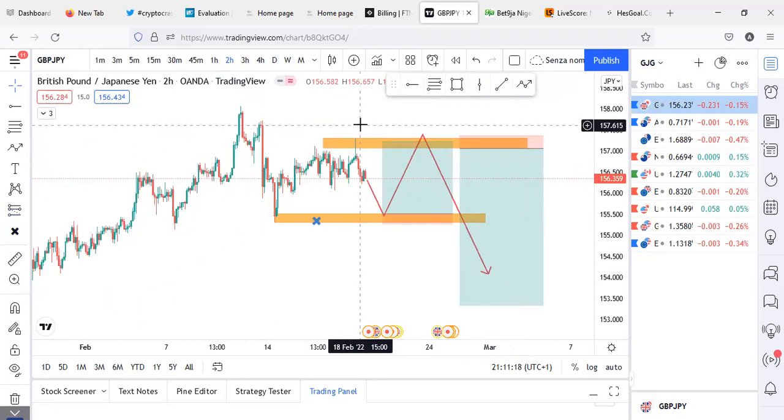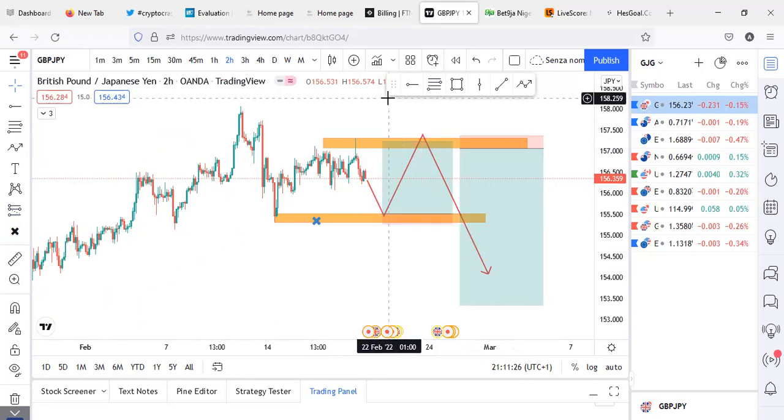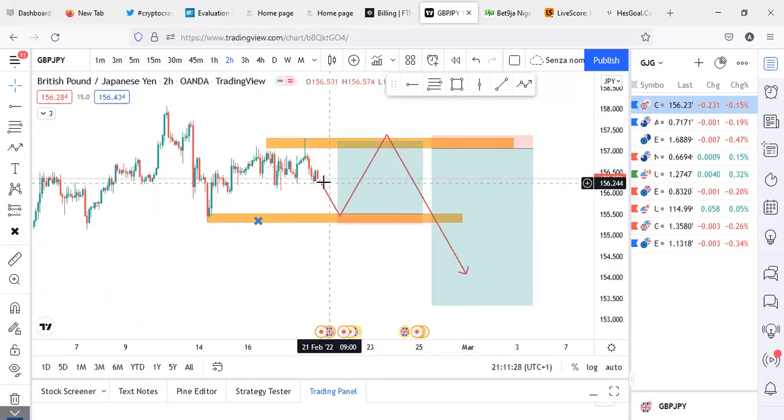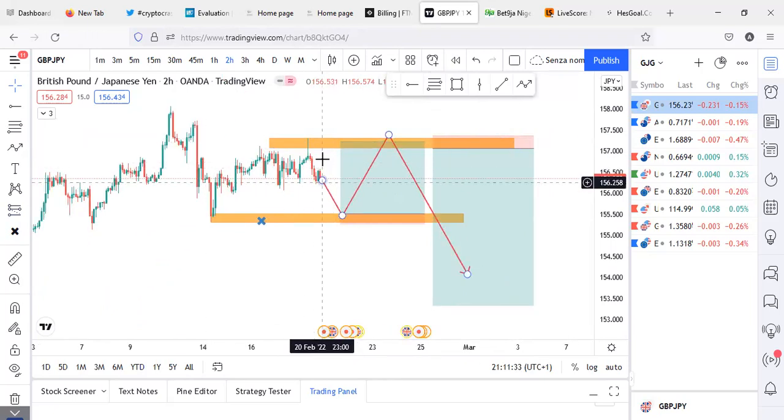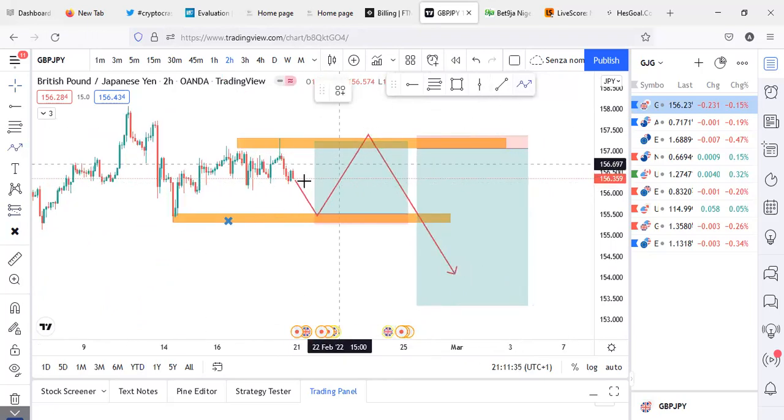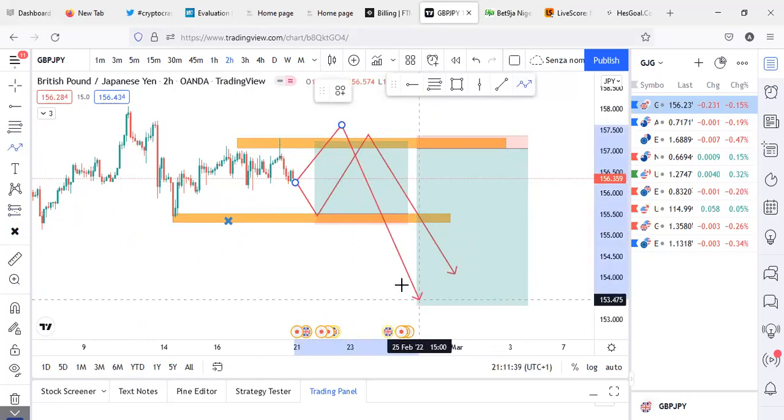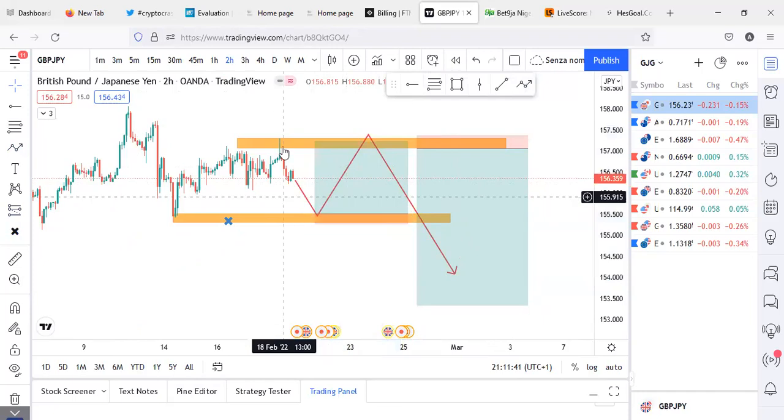So basically, the main idea for GBP JPY is to just see how the market moves, probably freestyle. The higher it goes up, the better. If it can go up throughout this week, then next week I know that I'm selling this. So the higher it goes up, the better it is.